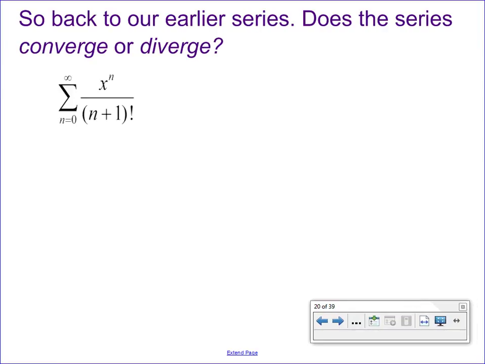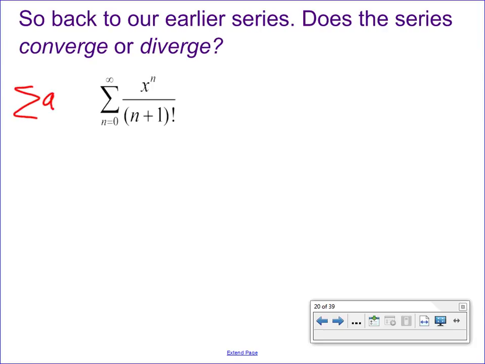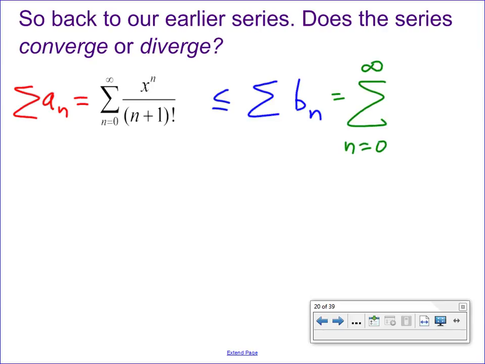And so let's let this one be A. So if we let A sub n equal this one, and this is forever less than or equal to the series given by B, which is the sum from n equals 0 to infinity of x to the n over n factorial, equals e to the x, which converges.